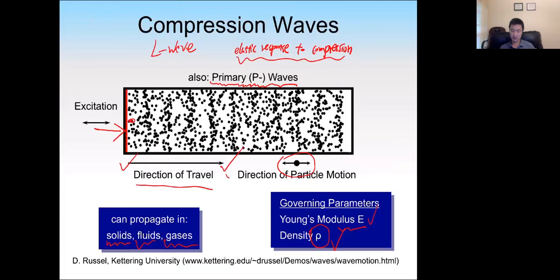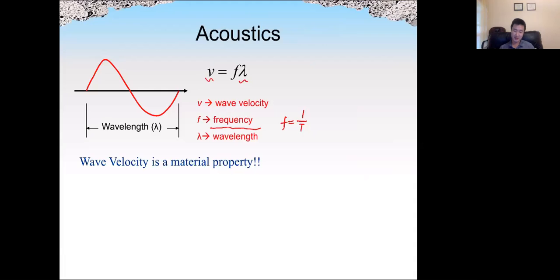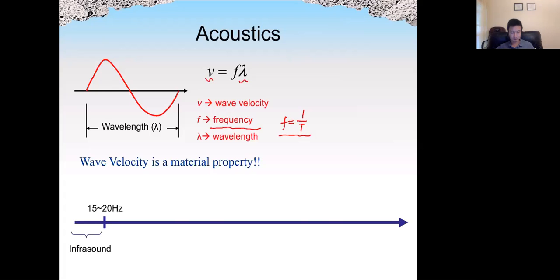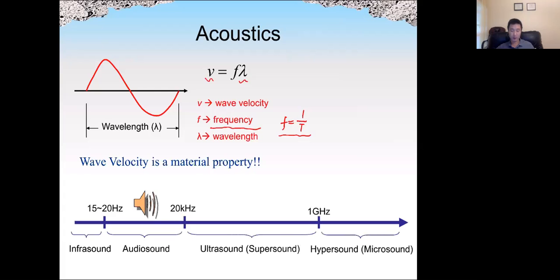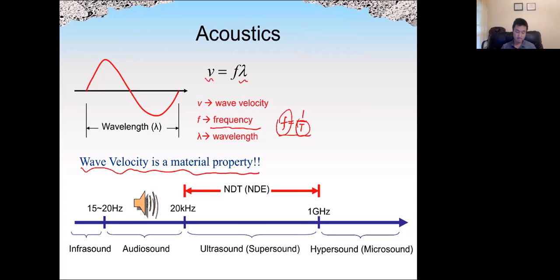Okay, so this is basic acoustics. Frequency is equal to 1 over T. Right? And wave velocity is a material property, which means no matter what the wavelength or frequency is, the velocity does not change based on period and frequency.